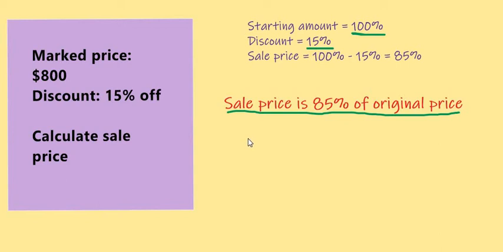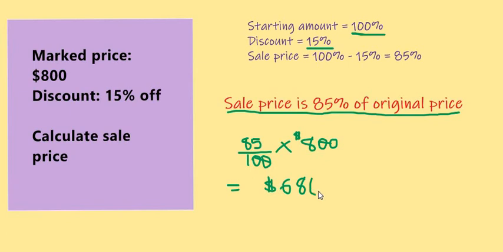So all you have to do, guys, is find 85% of the $800. And once you find 85% of the $800, then you have your answer. So you divide through by 100, and then you say 85 times 8. You're supposed to get back the same 680 that we got moments ago.